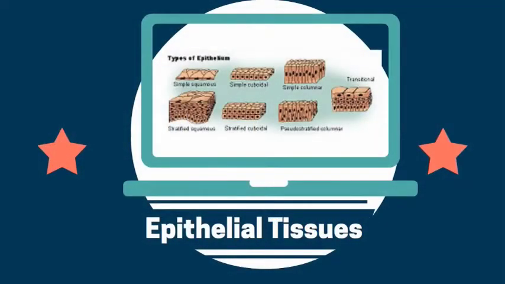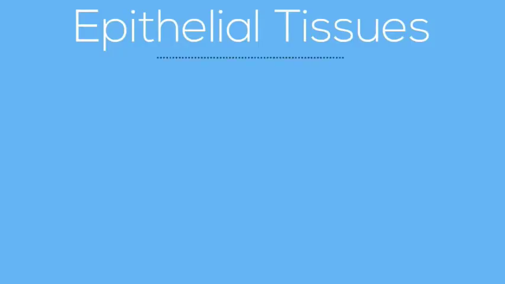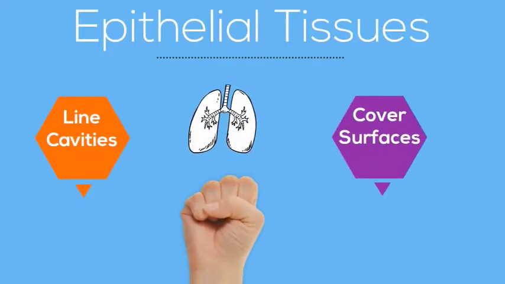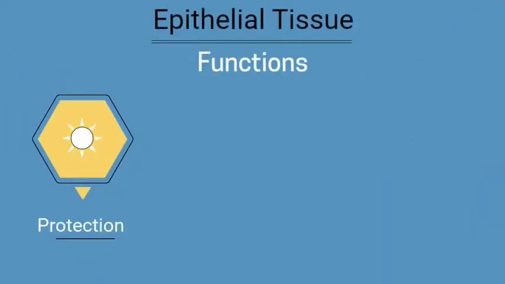Our body is made up of several different types of tissue. Our epithelial tissues line cavities and cover surfaces of vessels and organs. They provide several important functions. First is protection from things such as sunlight and pathogens.